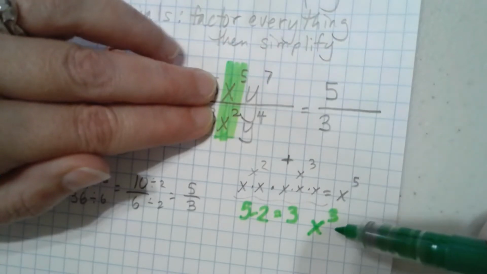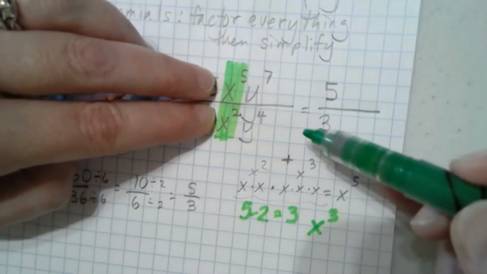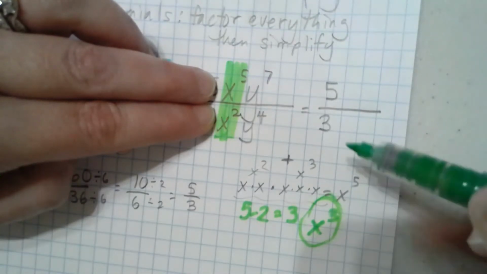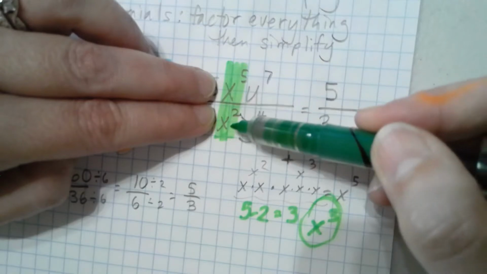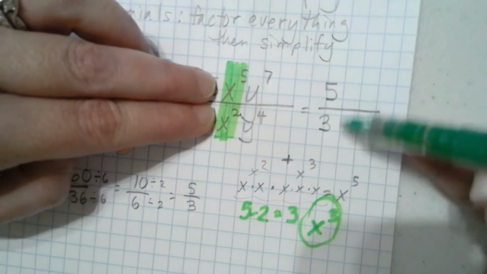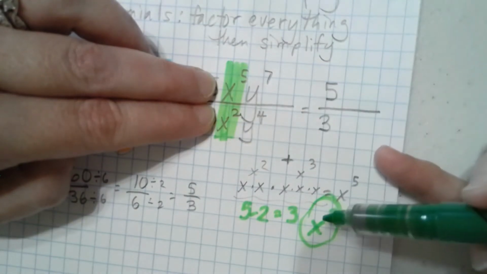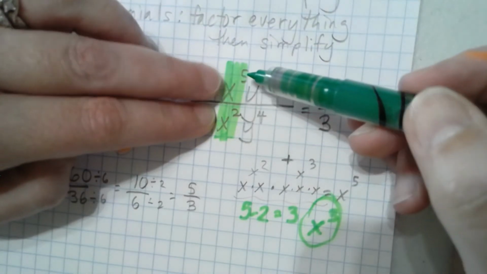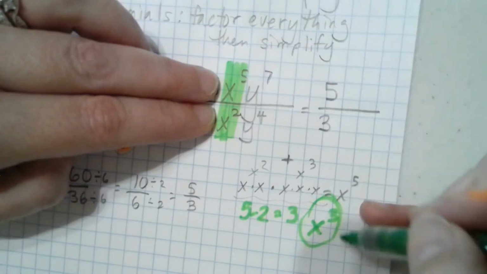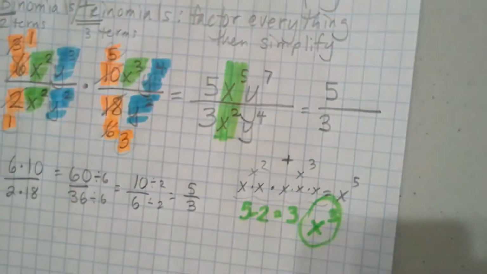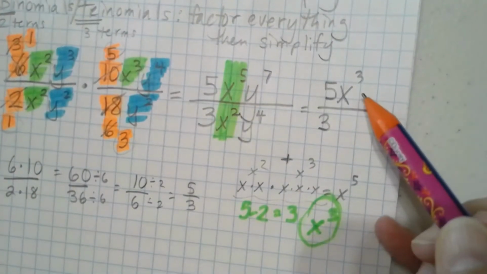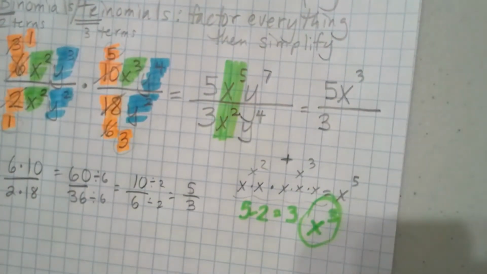Now the question is, some of you were missing this on the stuff that we did yesterday, are these 3 x's going to go on the top or on the bottom for my final answer? Okay, and what we're going to look for is where did we have more x's to start with? We had more x's up here on the top, so these 3 x's are going to be left in the numerator because that's where there were more to start with. That's where it's always going to end up.